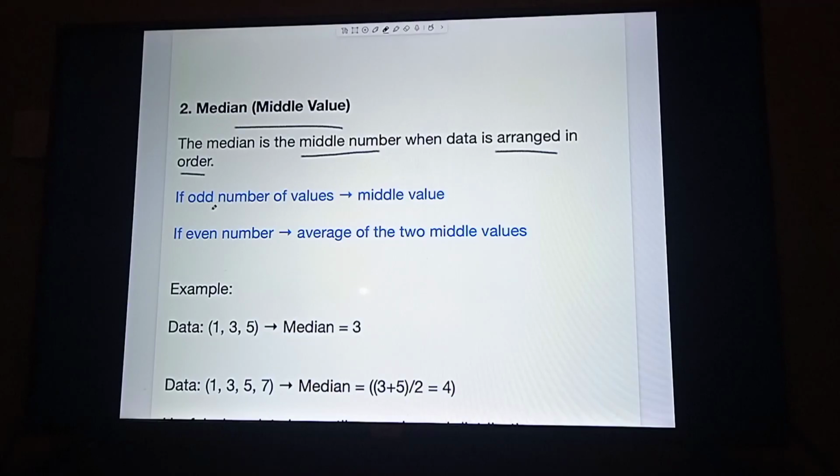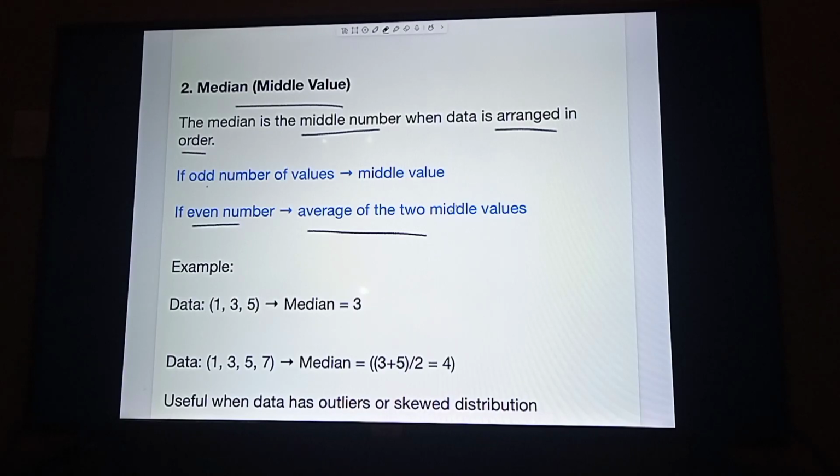There are two cases for simple data. When n is odd, the median will be the middle value. If n is even, meaning the number of observations is even, then you take the average of the two middle values to get the median.